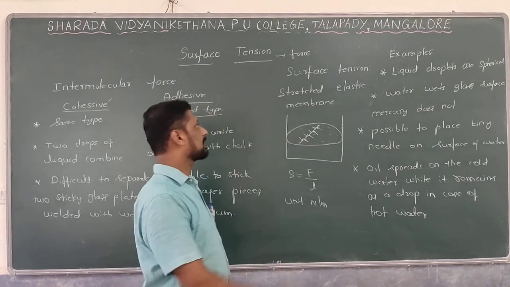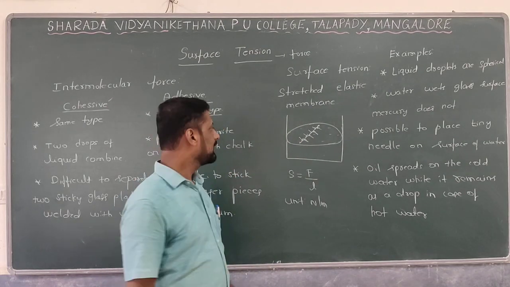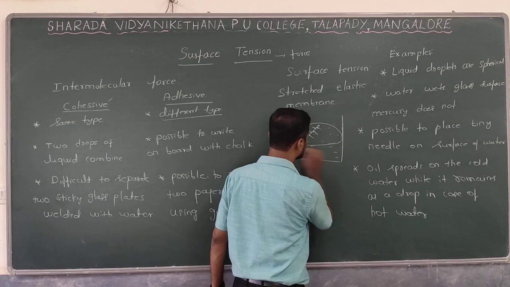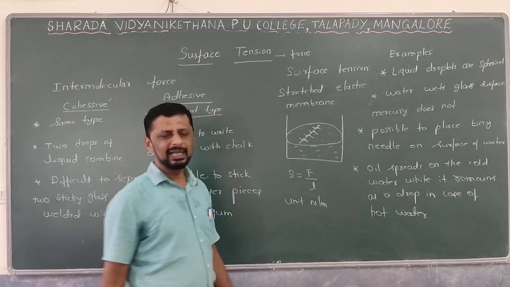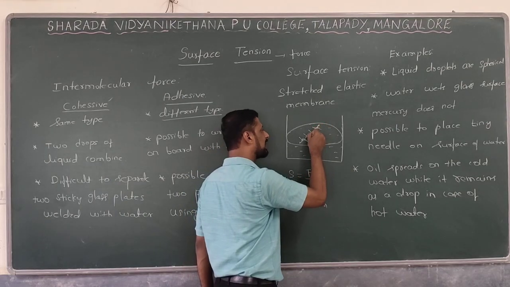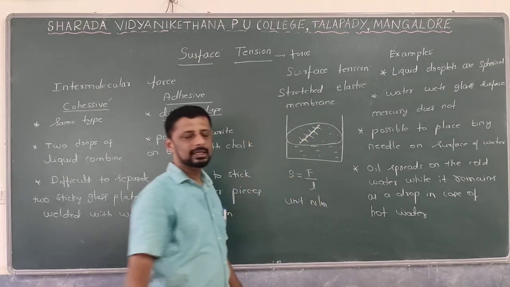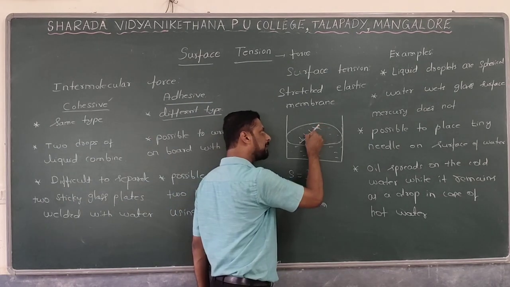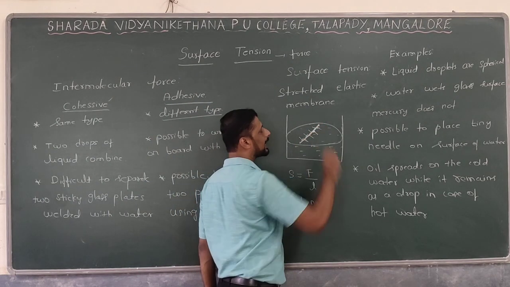How can you measure the surface tension? Let us consider a vessel which is filled with some liquid or water, any liquid. On the free surface of the liquid, draw an imaginary line of any length. On both sides of this imaginary line, forces are acting.